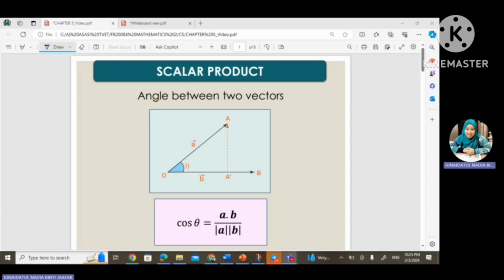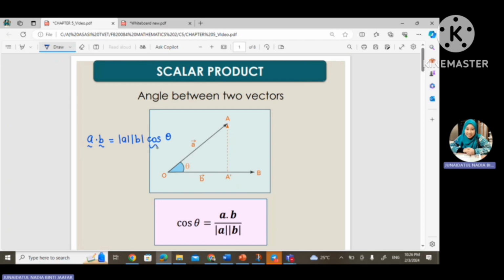So in this video I will show you how to calculate the angle between two vectors by applying scalar product. From the definition of scalar product, we have A dot B is equal to the magnitude of A times the magnitude of B cos theta.